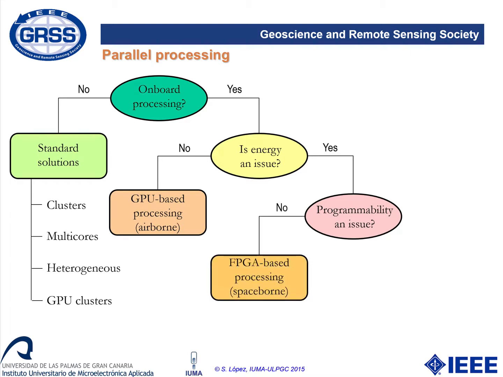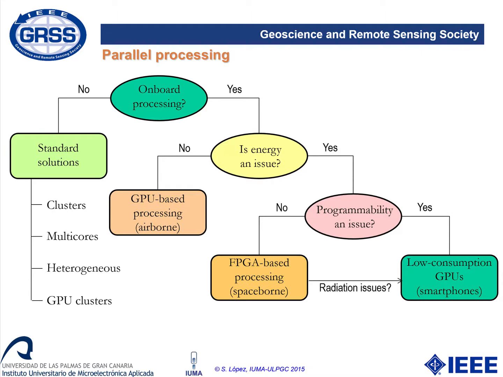If not, which means that you are an expert in programming, you can go to an FPGA solution, which is harder to program than a GPU. But if programmability is an issue, then you may opt to implement your system by using low consumption GPUs, which are nowadays becoming very popular, and they are in fact in most of the tablets and smartphones in the market.